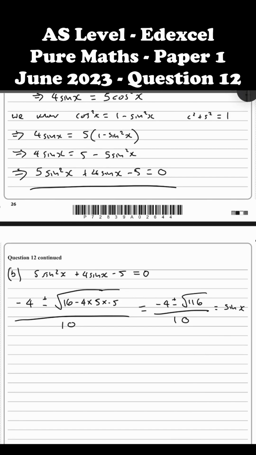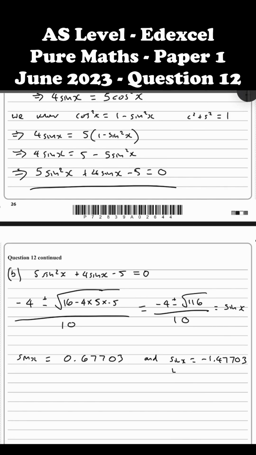solution for. So on my calculator, if I do minus 4 plus the square root of 116 divided by 10, I get sine x equals 0.67703, and if I do minus 4 minus square root of 116 divided by 10, I get minus 1.47703.